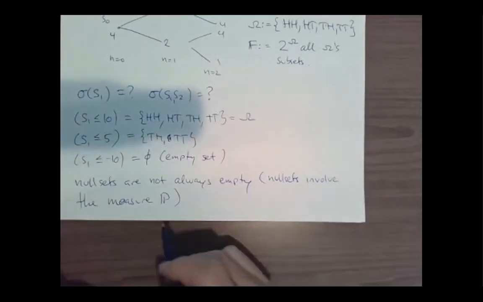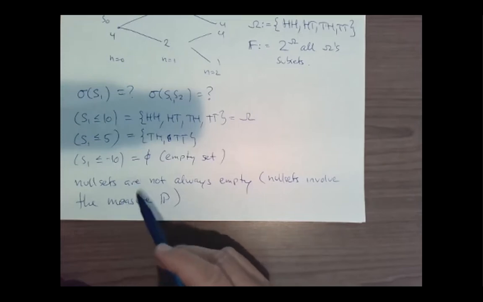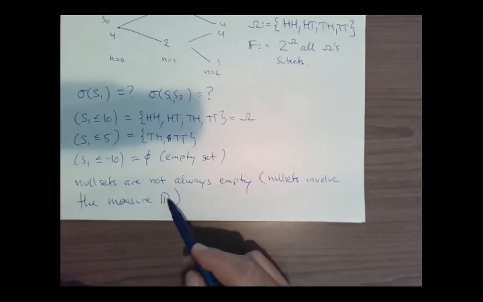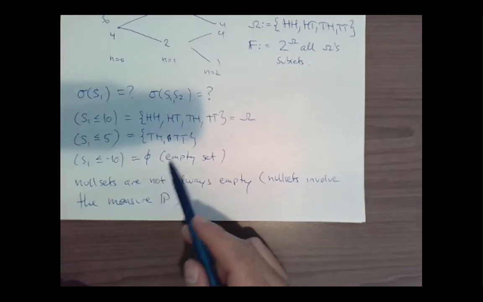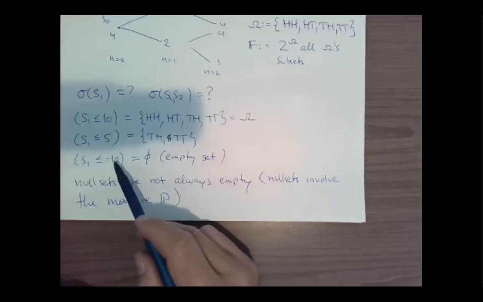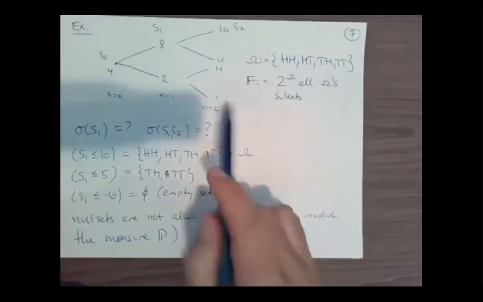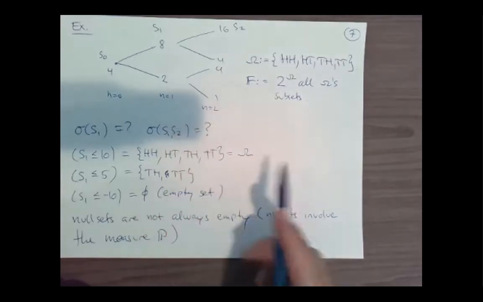If it's a measurable null set, it has to do with whether or not the probability of that set is 0, whereas the empty set always has probability 0. And here we haven't specified what P is, so I don't like to talk about null sets here. We get nothing.